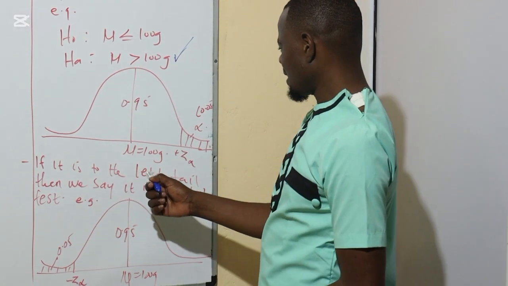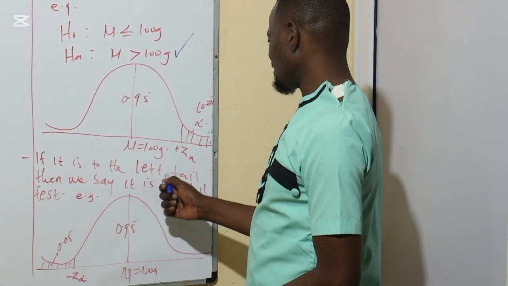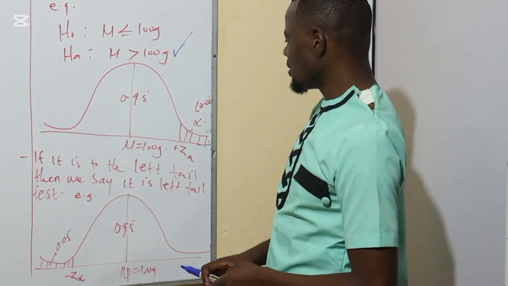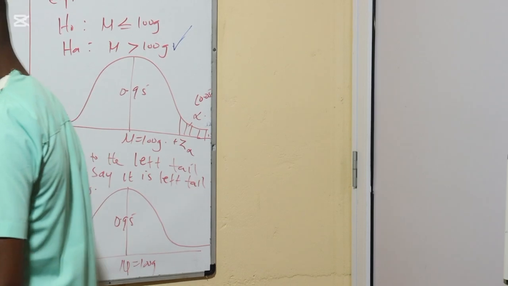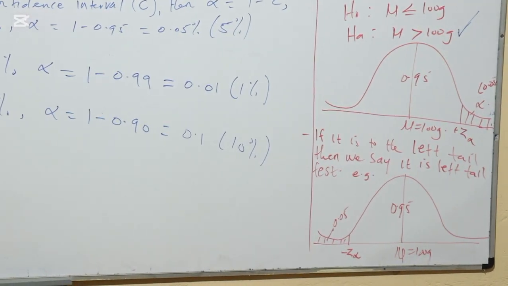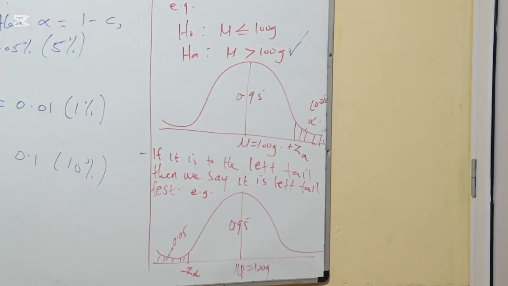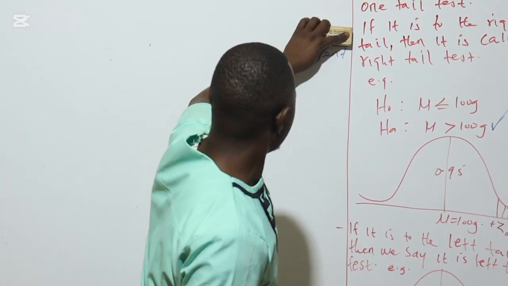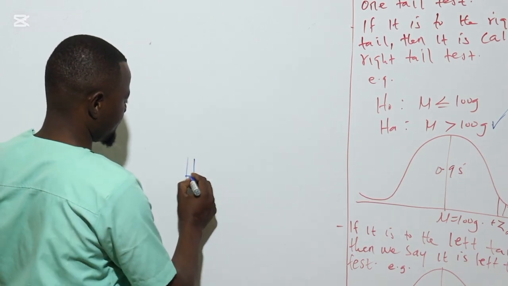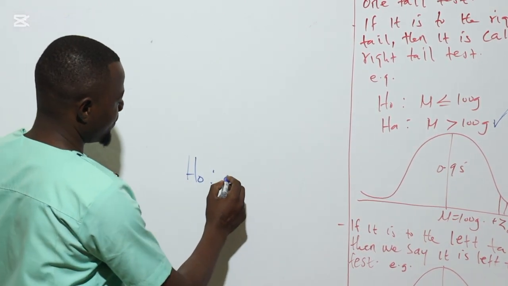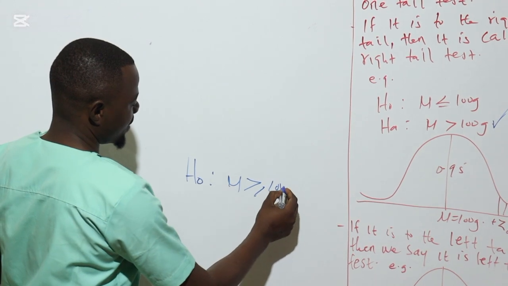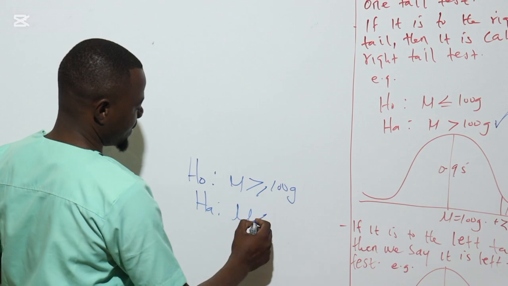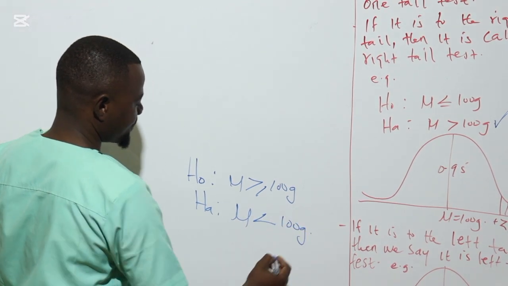And if it is to the left tail, then we say it is left tail test. E.g., look at this hypothesis here. H0: mu is greater or equal to 100 grams and HA: mu is less than 100 grams.